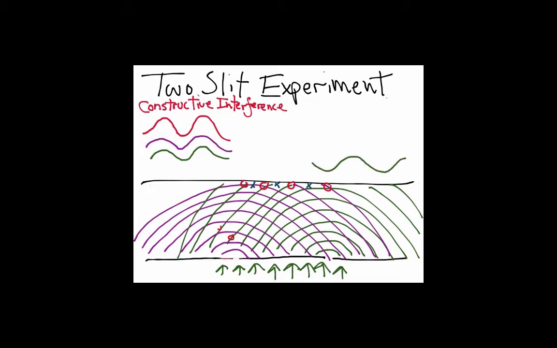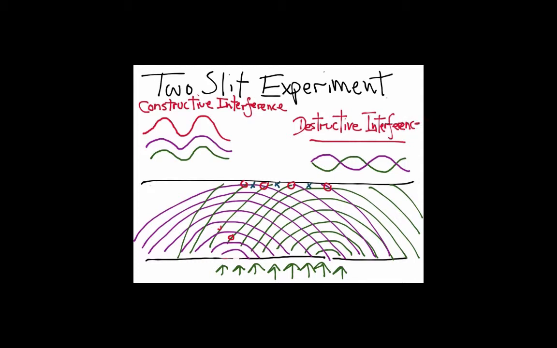So here's a green wave here. Here's a purple wave here. And you see that the green trough matches a purple peak. And then there's a green peak and a purple trough, and so on. So they're perfectly what we call out of phase. And then when we add them together, we get nothing. We get a flat line. So that is called destructive interference.